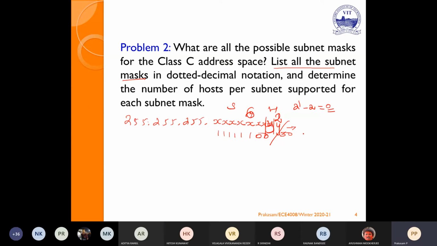What is the equivalent decimal value? Anyone? 252. So the first possible subnet mask is 252.